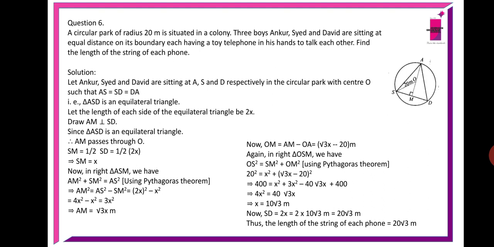Simplifying, you will get x equal to 10 root 3 meters. Now SD equals 2x, that equals 20 root 3 meters. Thus, the length of string of each phone is 20 root 3 meters.